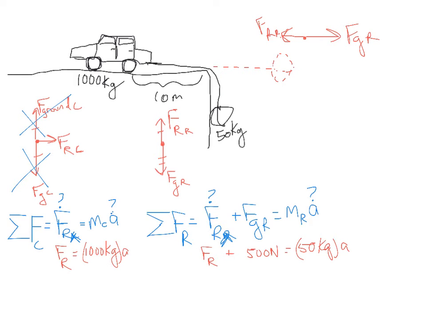So now I'm going to run out of room pretty quickly. So it's actually 1,000 kilograms times A plus 500, that's a plus, 500 newtons equals 50 kilograms times A.